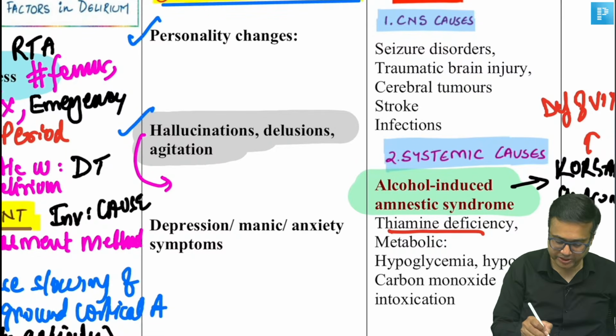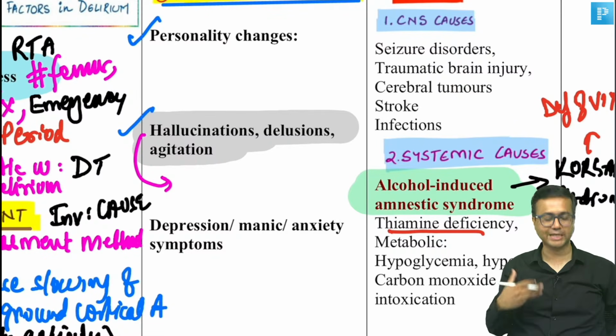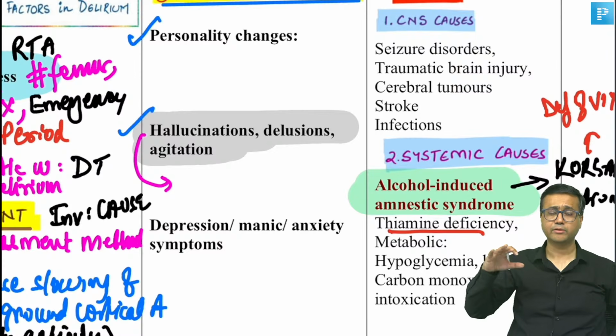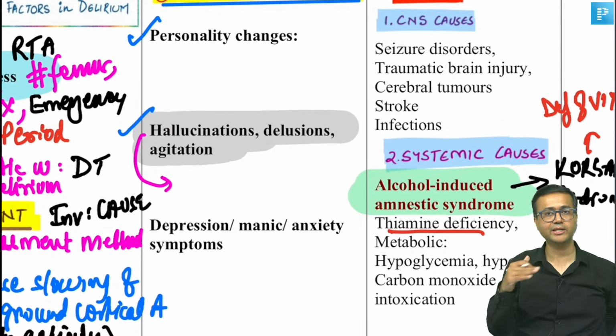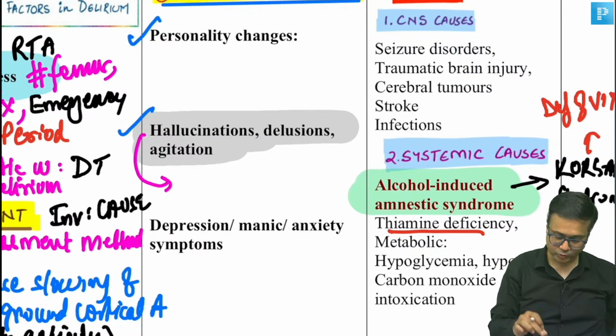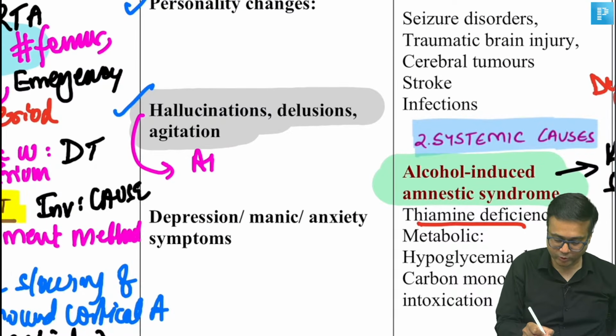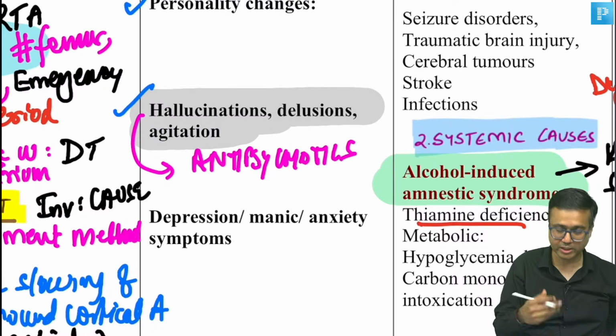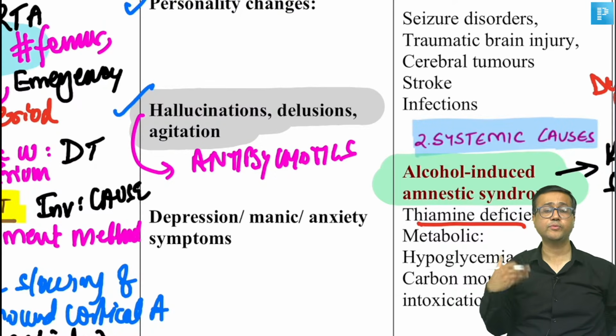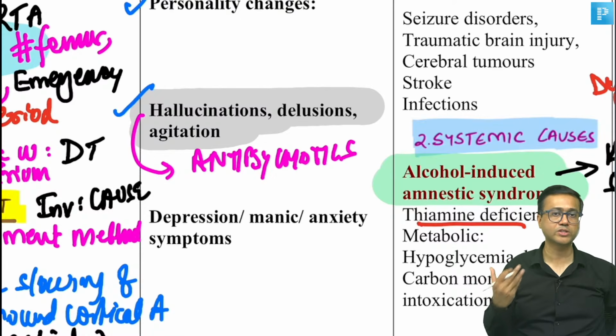But my patient has also developed hallucinations, delusions, agitation. Tell me, will it affect my treatment? Or if I ask you, is there any role of antipsychotics in a patient with dementia? Yes or no? You will say, yes sir, we can use antipsychotics, very good. For example, if hallucinations, delusions have occurred, or agitation is so severe that we may have to give some drugs, we may use antipsychotics.